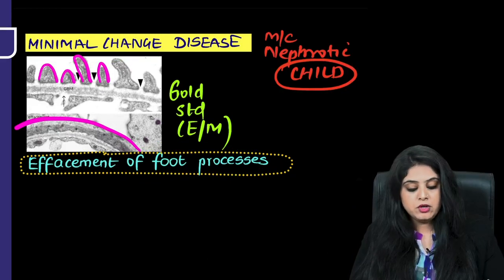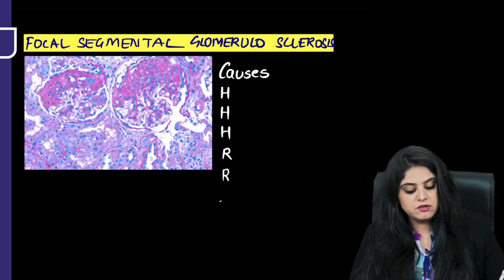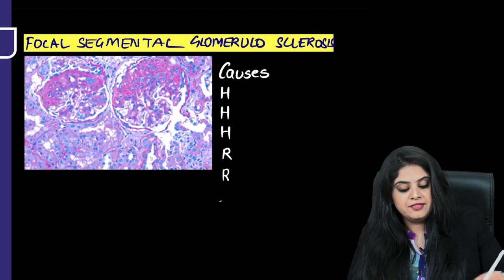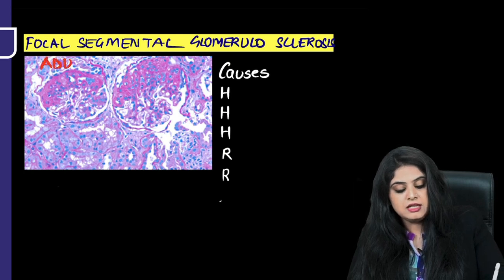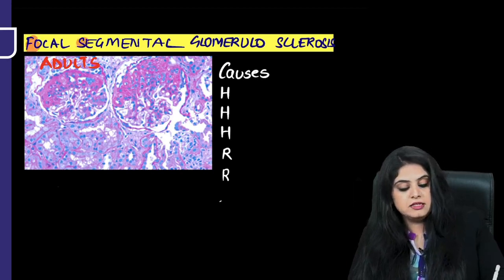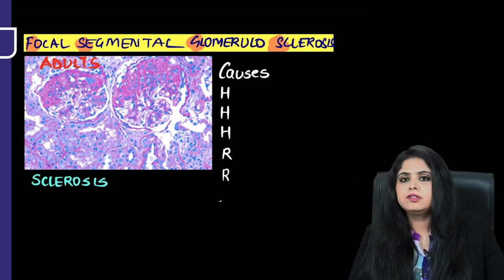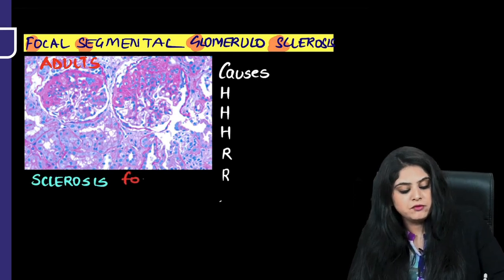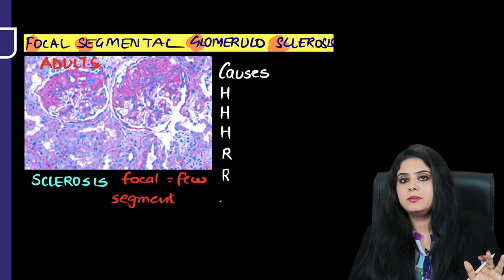Okay? Now moving on, this was children. So if you ask me which is the most common nephrotic that you see in adults, adults wala nephrotic kya hai? FSGS, focal segmental glomerulosclerosis. What is this picture showing you? It's showing you sclerosis. What do you understand by focal and what do we understand by segmental? Focal means few glomeruli are affected. All of them are not going to be affected.